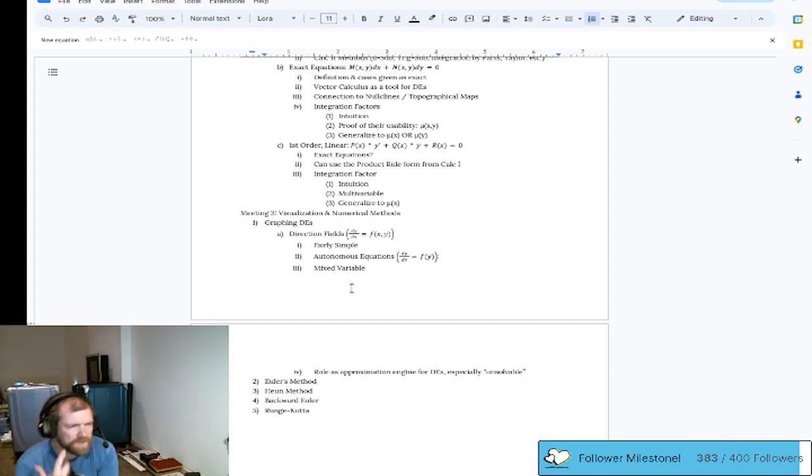Yep, so Heun's method is looking for a weighted average of the slopes between where you currently are and where you're targeting. It's like the x value where you're supposed to be later. It says, all right, well, it should be somewhere in between that. So yep, there's your new value. Backward Euler is very complicated, and I keep explaining it wrong. So maybe I should not.